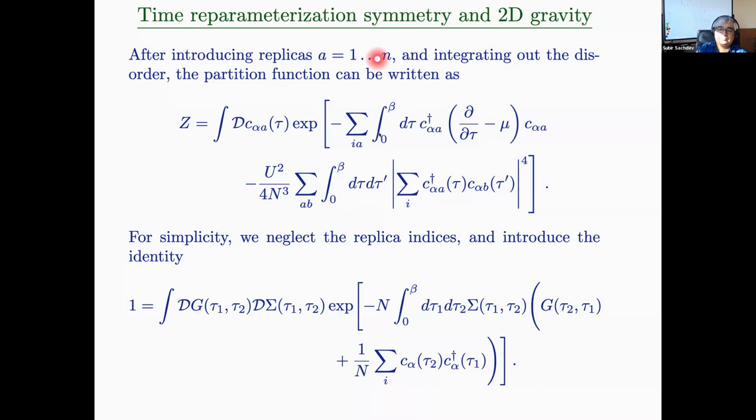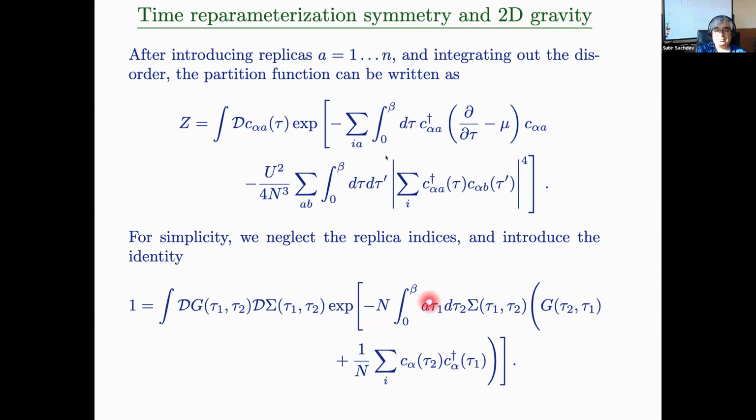Okay, so if you take the original Hamiltonian and average it, then this is the average partition function. I've introduced some replica indices, but we just drop them from now on. And then you just insert this trivial identity here, because if you just integrate over sigma, you get a delta function of g, and then you integrate over g, so that gives you 1. But this imposes the fact that g is in fact the Green's function of C and C dagger.